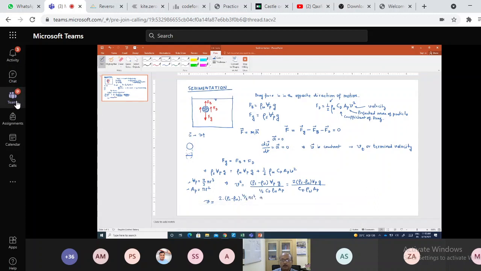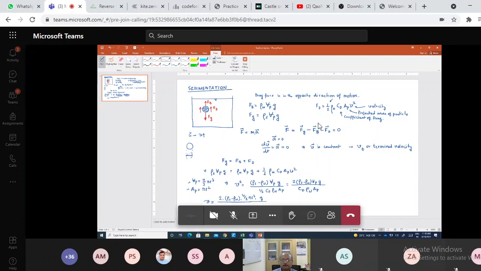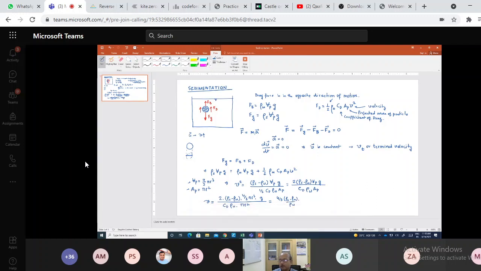Okay, and you have G here, and this is Cd rho W into pi R square. So what you get is 4 by 3 (rho S minus rho W) by rho W, okay, and then I write this as G by Cd into rho R, right?